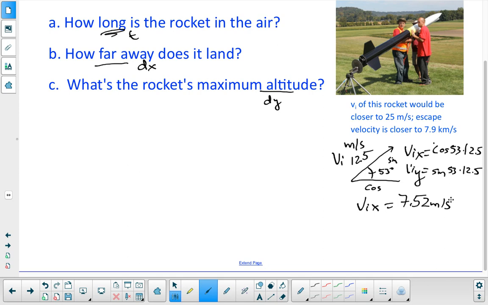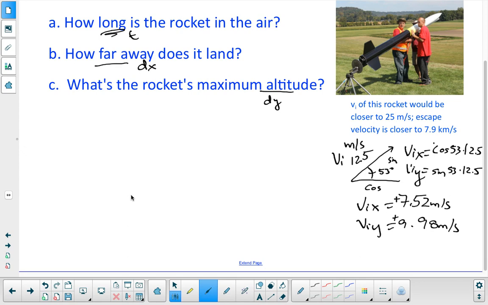And then VIY is going to be the sine of 53 times 12.5, which is VIY equal to 9.98 meters per second. I know that both of these are going to end up being positive because VIX is moving horizontally across the ground, and VIY is positive because it's being launched up in the air. So again, I'm giving these both number signs to be able to figure out what they are.